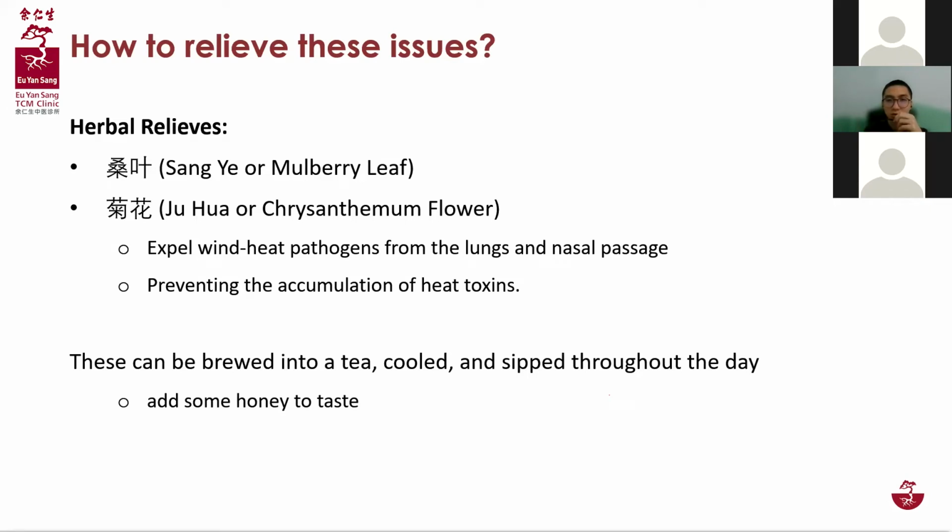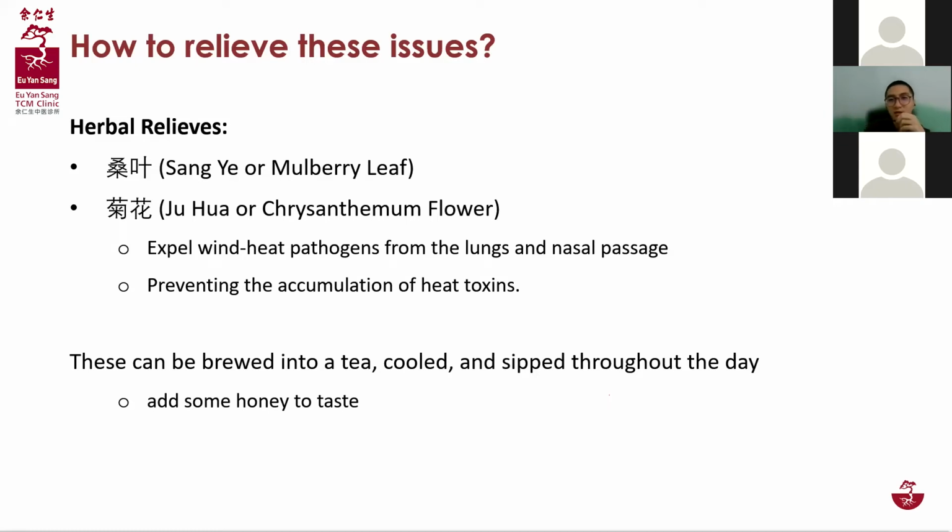So it's called 桑菊. There's a formula 桑菊饮, but to keep it simple today we use these two ingredients, so they can expel the wind heat from the lung and nasal passage, and prevent the accumulation of heat toxin. You can brew it into tea, you can cool it, and maybe kids like it a bit more sweet. A little bit of honey is fine.